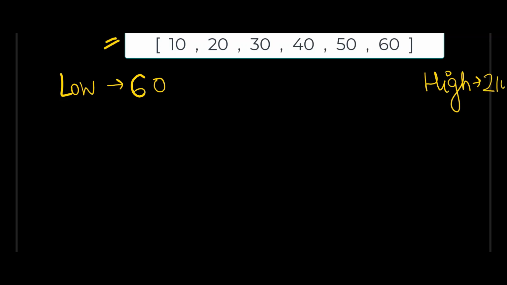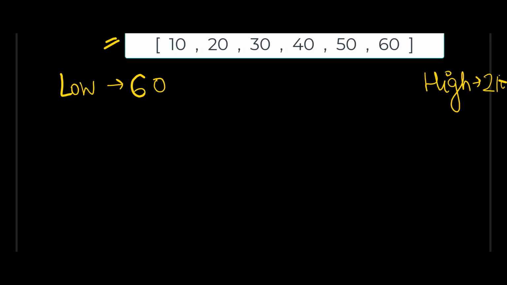So for this, let's try to come up with binary search. For that, we need to take the lowest value. The lowest value will be the maximum part of the board, which is 60, and the high value will be the part of the board painted by one painter, which will be the sum of all, 210.